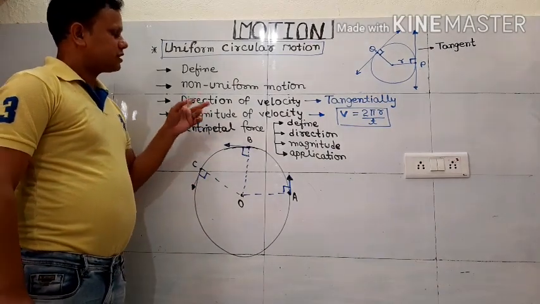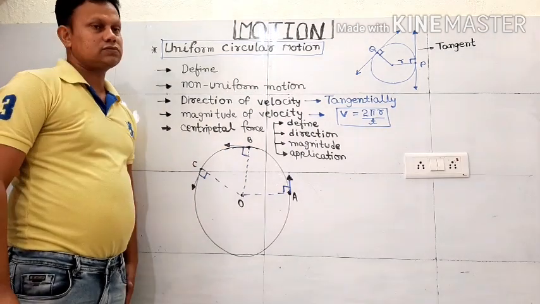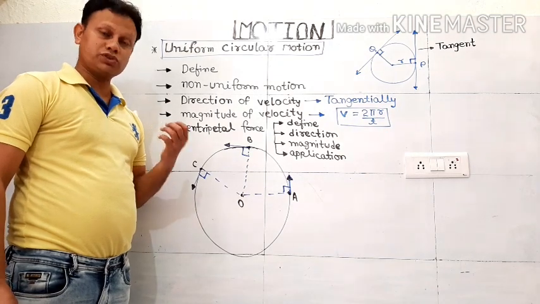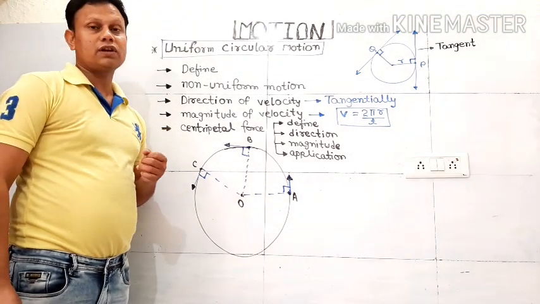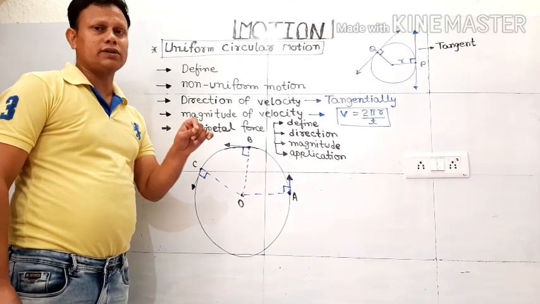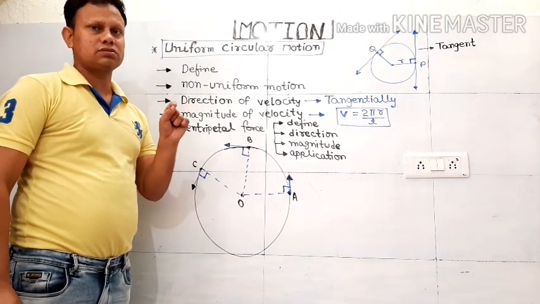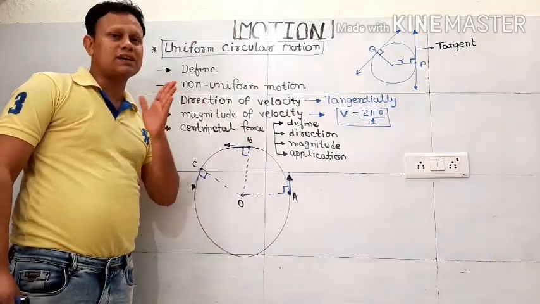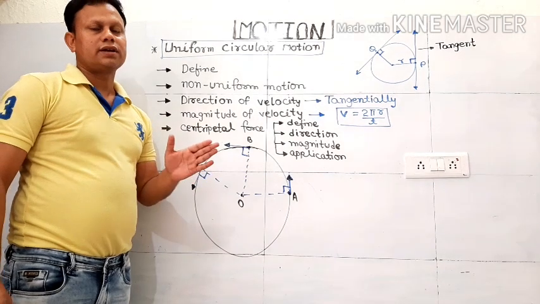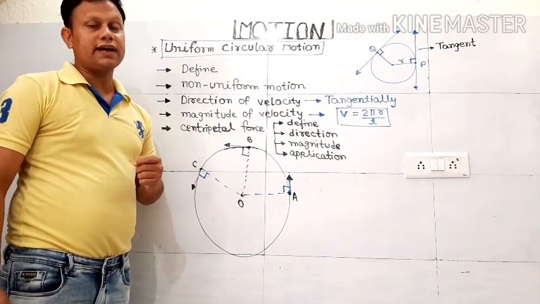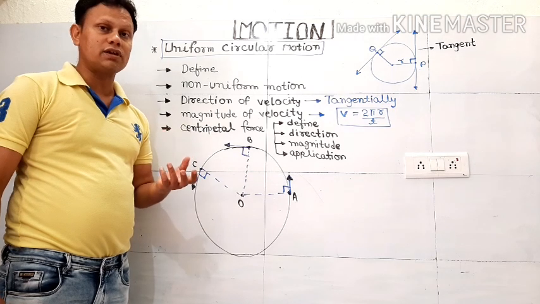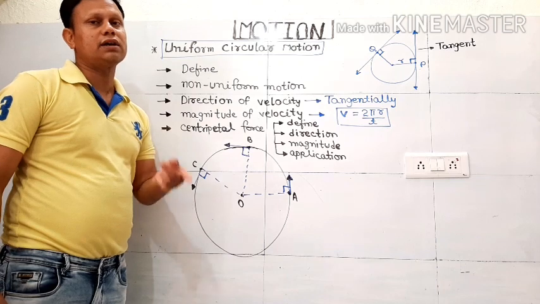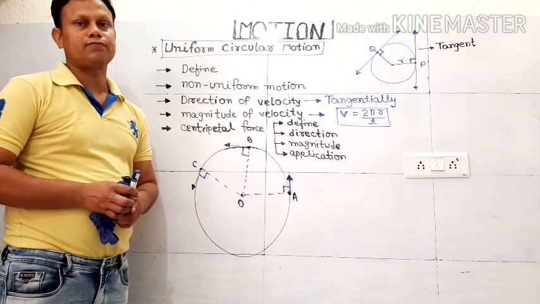Now, since it is moving on a circular path, the body has a tendency to continuously change the direction of velocity, but at some point there must be some direction. Obviously in the next instant it has to change, but at that instant also some direction will be there. Then how do we decide the direction of velocity of any object at a particular instant on the circular path? That we are going to understand.